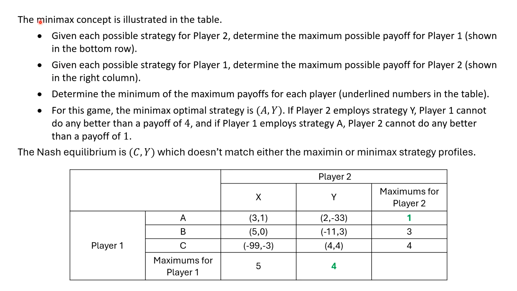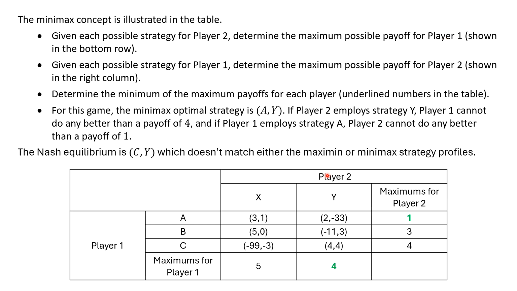Okay, so now we do the minimax concept. You notice we've shifted here. We have player 2 listed in this column as opposed to player 1 that we had in the last slide, and player 1 listed along here. So just to warn you, it's not a mistake. So given each possible strategy for player 2, determine the maximum possible payoff for player 1.